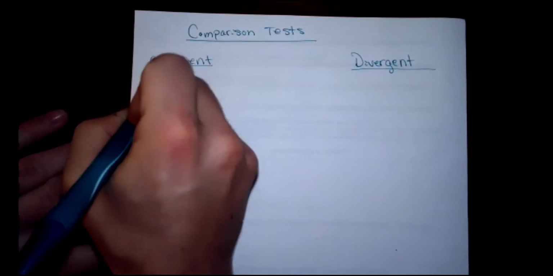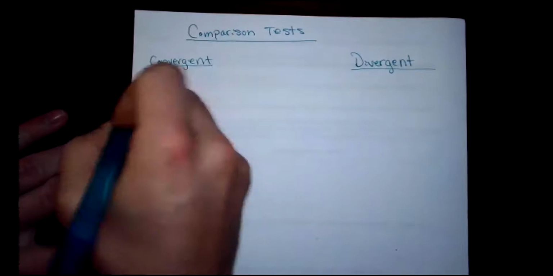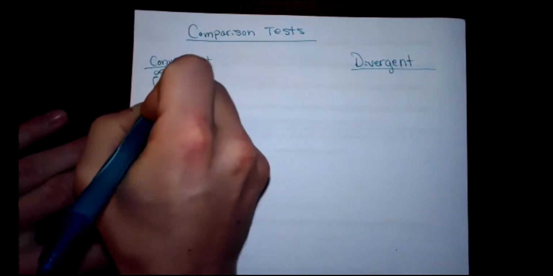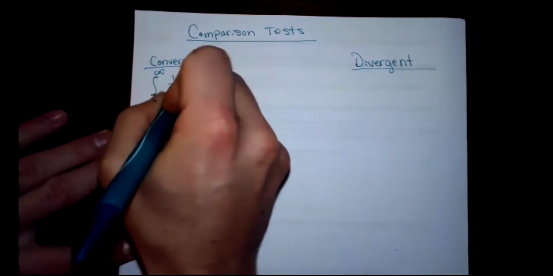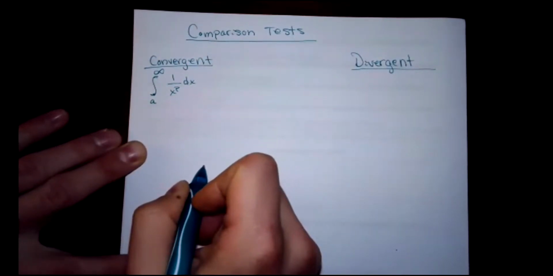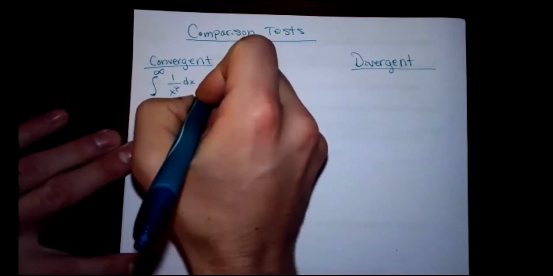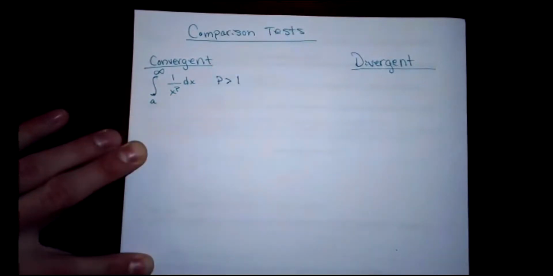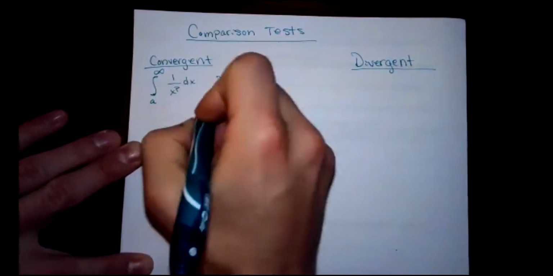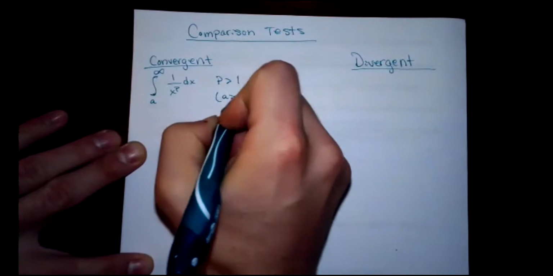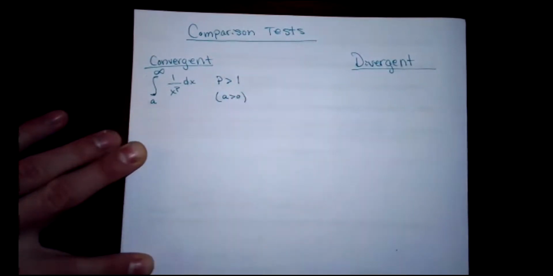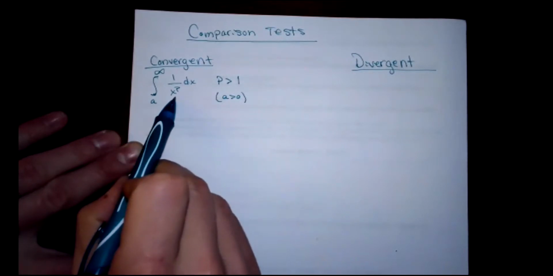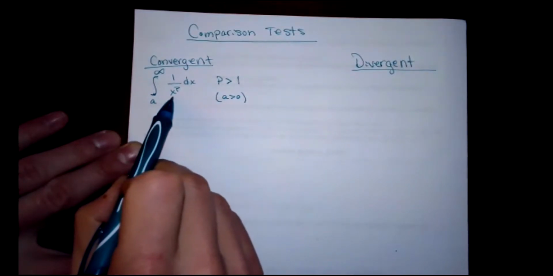If I have an integral between a to infinity of 1 over x to the p dx, this will converge if p is strictly bigger than 1. And of course, here we assume that our a is bigger than 0. So some constant bigger than 0, a positive number, so we're not crossing the asymptote.